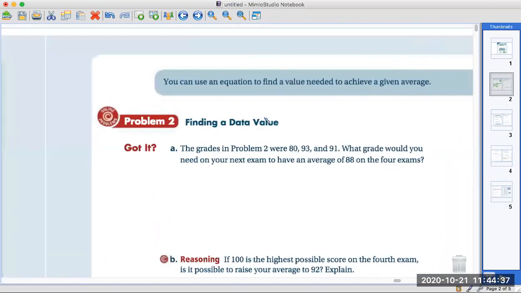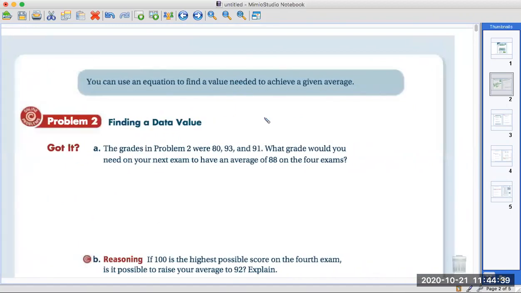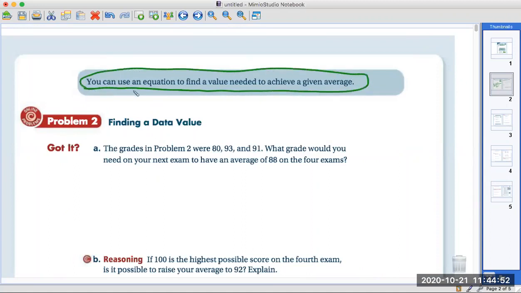Next page, 381. Now we're solving equations. So you have to review solving equations big time if you're weak in that for this activity here. You can use an equation to find the value needed to achieve a given average.